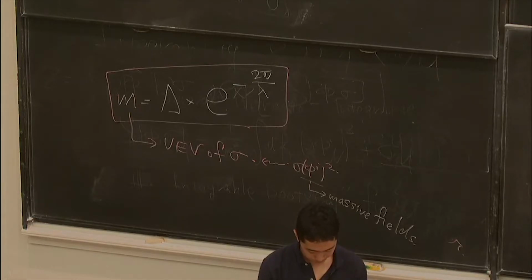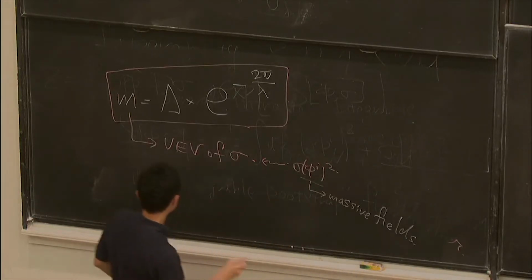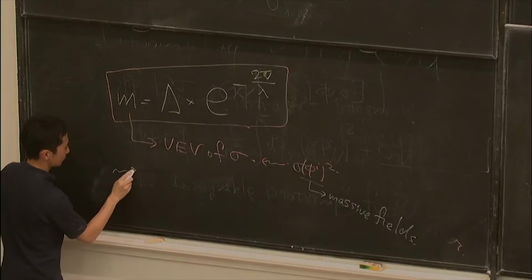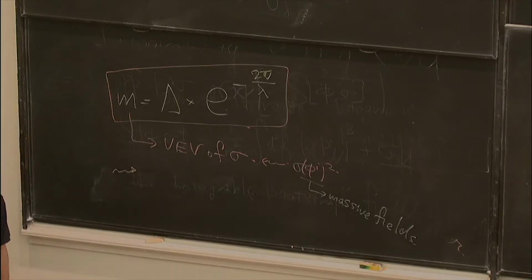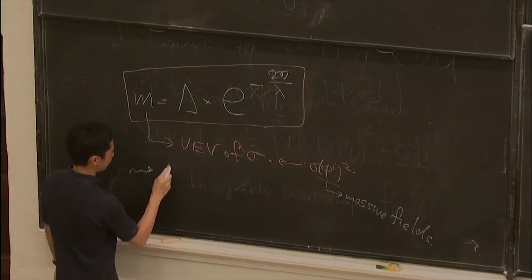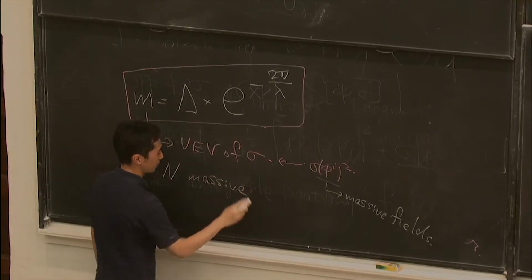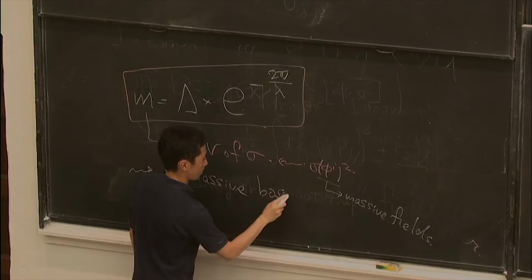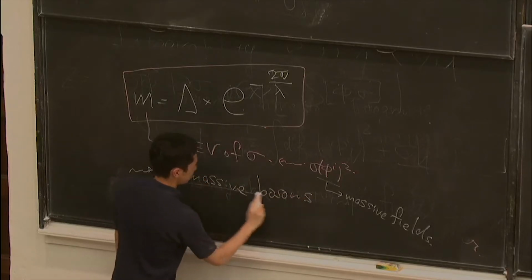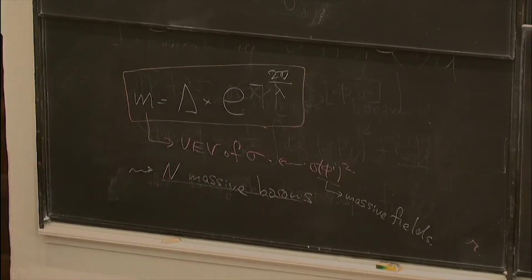And so this basically tells you that the classical intuition that you have, like N minus 1 massless particles, is wrong. And quantum mechanically, you should have N massive bosons. So this gives you an input about the spectrum of the theory.